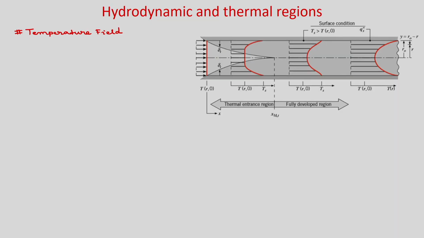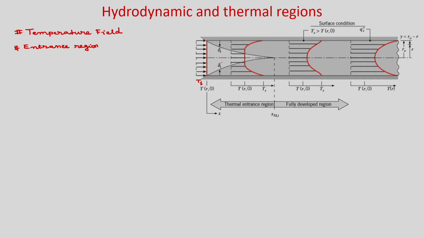So, in this case, the entrance region: what is happening is you have uniform temperature T I at the inlet.